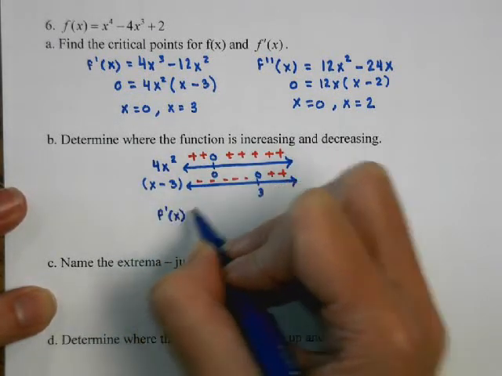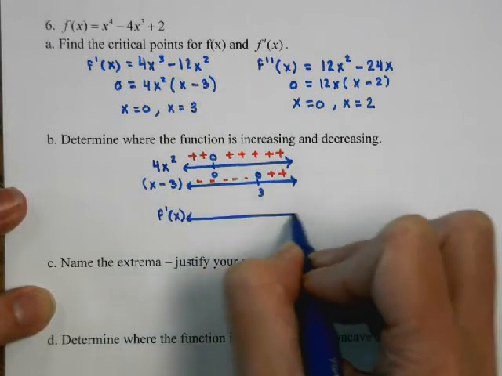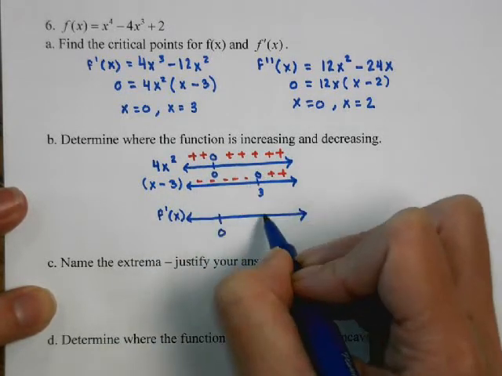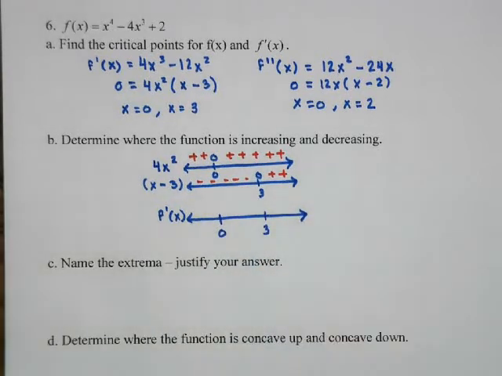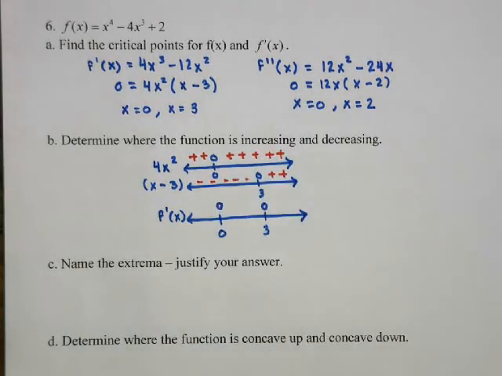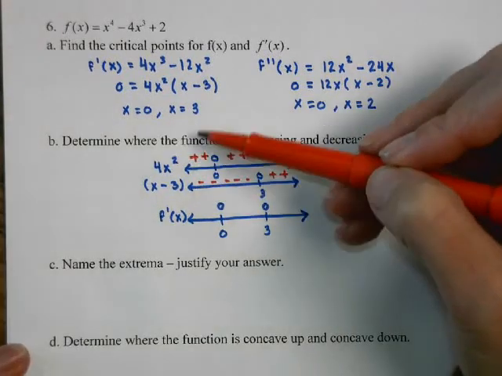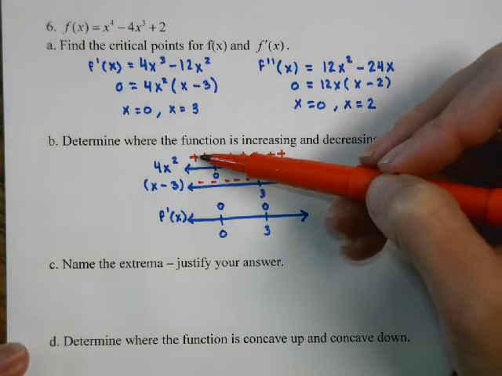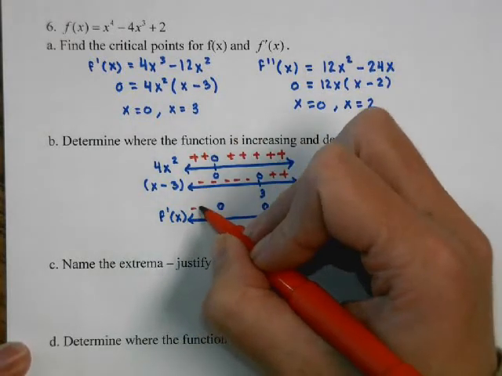So now I can determine whether f prime is positive or negative at different locations. It is 0 at both 0 and 3, and we are multiplying these two factors together. For this area, we're multiplying a positive times a negative, which gives me a negative.